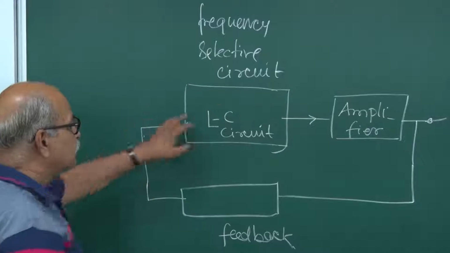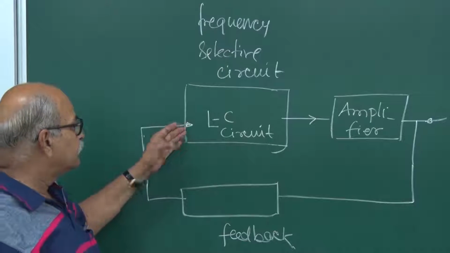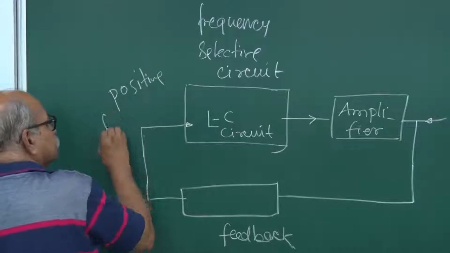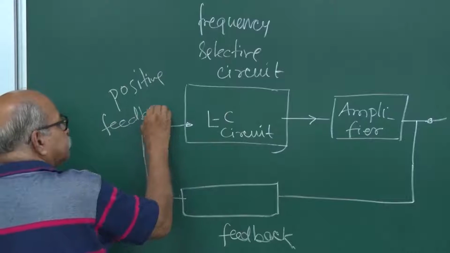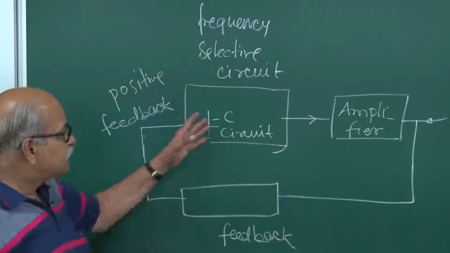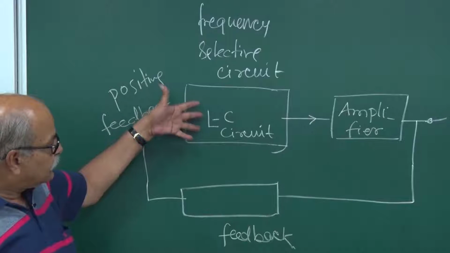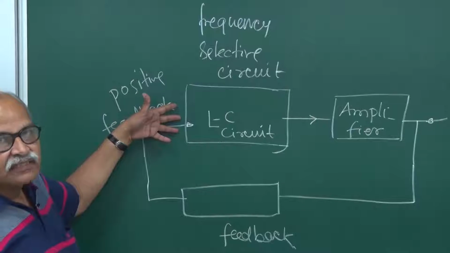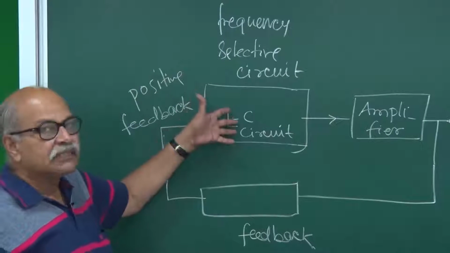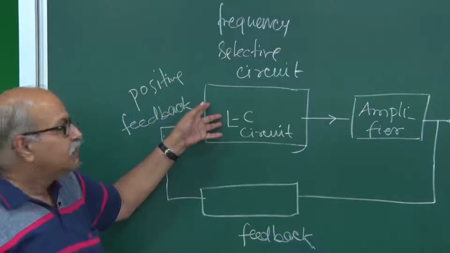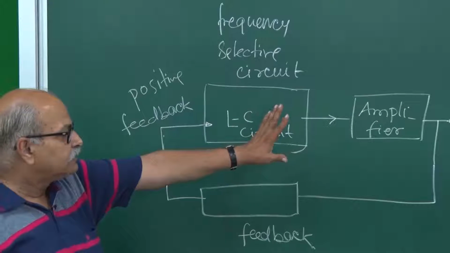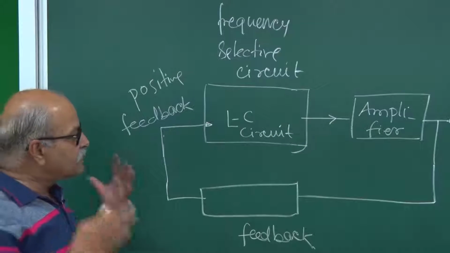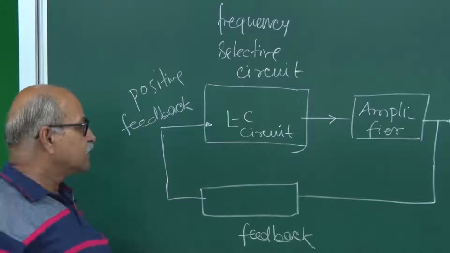Whatever is lost here is compensated here, and therefore a positive feedback, that means the phase of this voltage which is there and the phase of this voltage which is coming should match with each other, so that the losses are compensated, the amplitudes are added, and you get a supply of constant AC voltage.